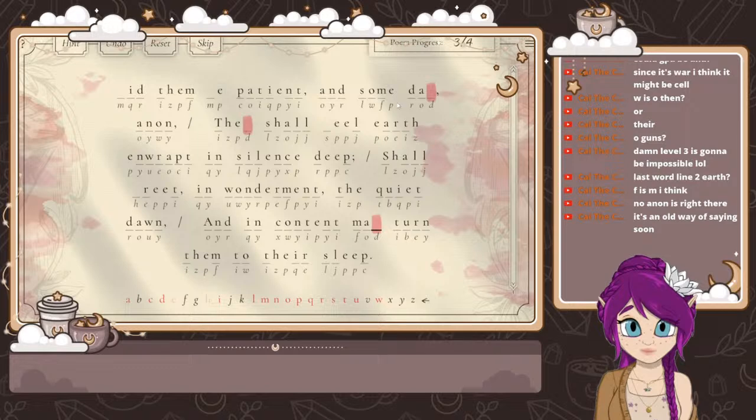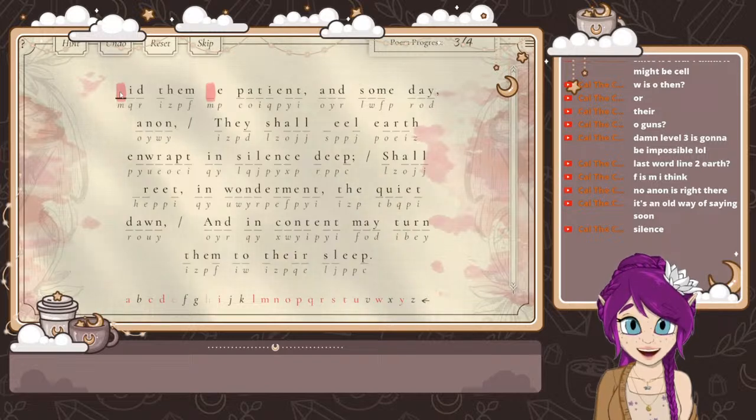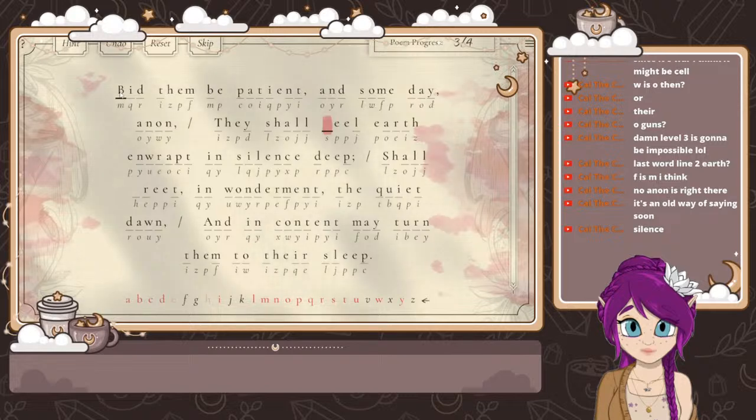It's you. That's a Y. Quiet dawn and content may turn them to their sleep. Bid them be patient, and someday anon they shall feel earth?